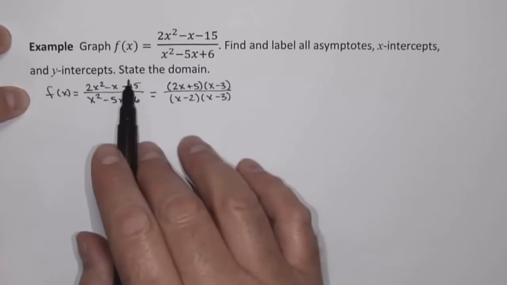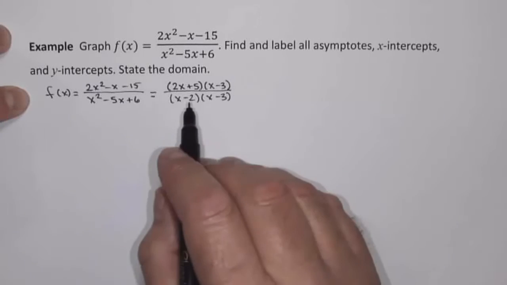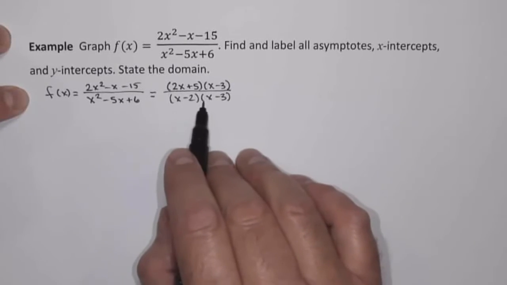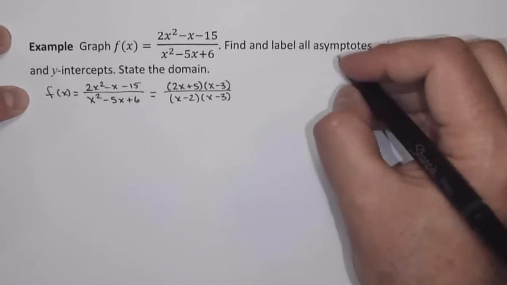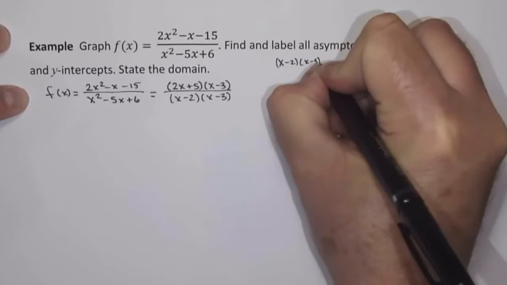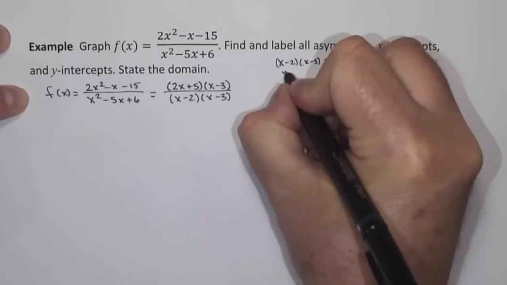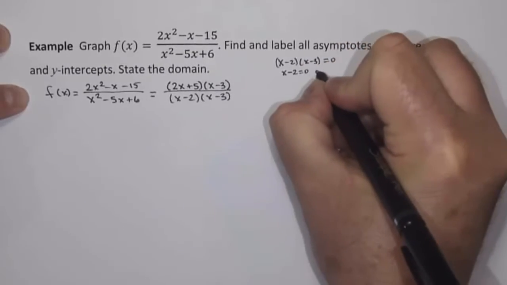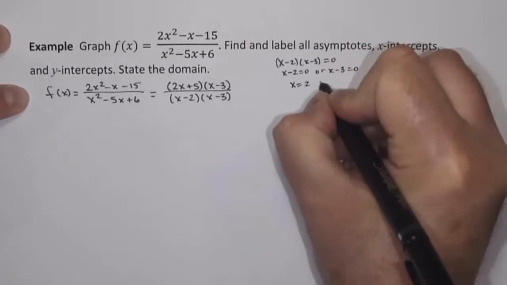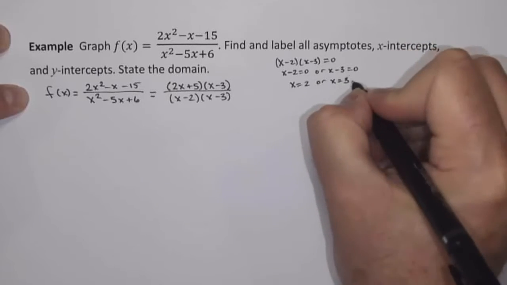Now, before I do anything else, I'm going to go ahead and state the domain. The domain is going to be anything that causes 0 in the denominator. Well, since we have x minus 2 times x minus 3, if I set that equal to 0, then either x minus 2 equals 0 or x minus 3 equals 0, which means x equals 2 or x equals 3.